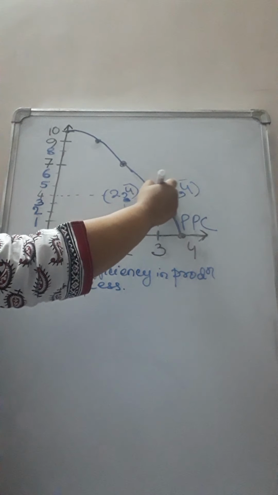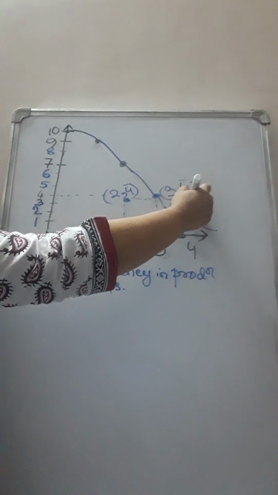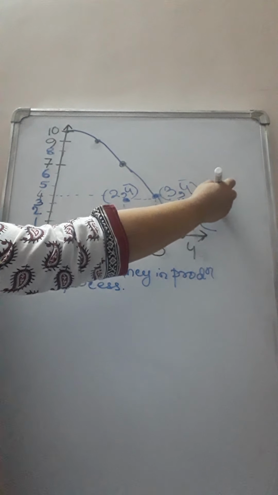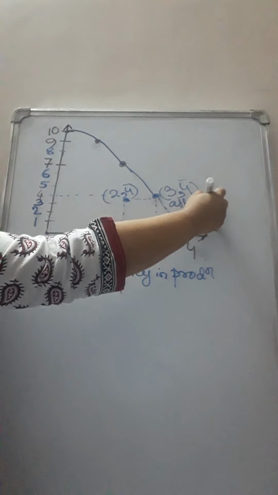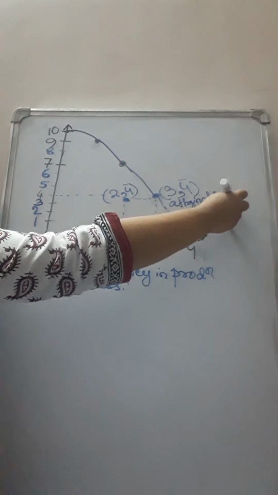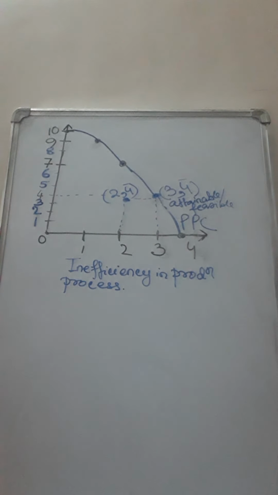These points are known as attainable or feasible points, which are feasible for the economy to produce. But lying inside means you are producing at a point which shows inefficiency in the production process.